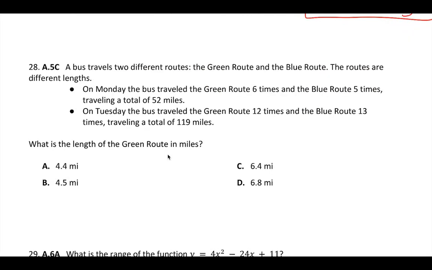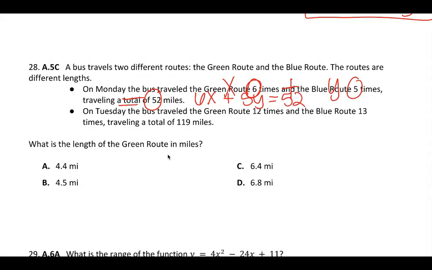Okay. A bus travels 2 different routes, the green route and the blue route. The routes are different lengths. So on Monday, the bus traveled the green route 6 times. We'll call the green route x, so 6x. And we did the blue route, we'll call y, 5 times, total of 52 miles. So it's 6 times the green route plus 5 times the blue route equals 52.